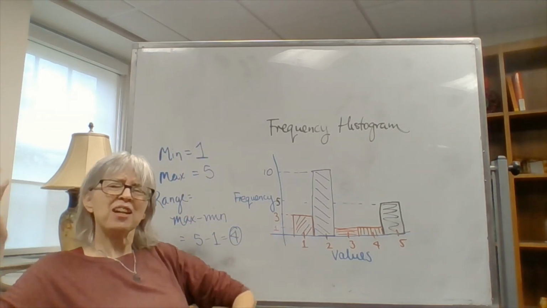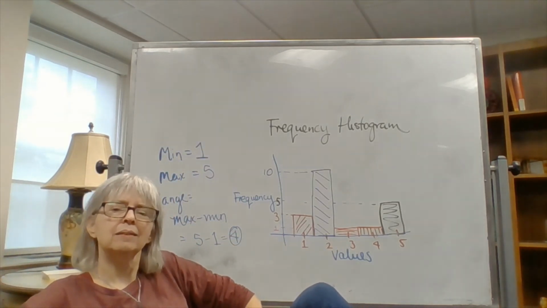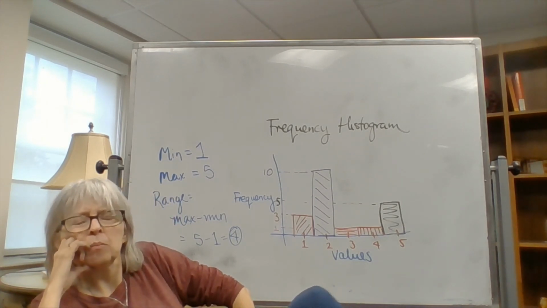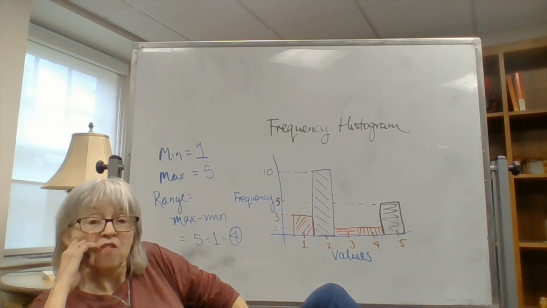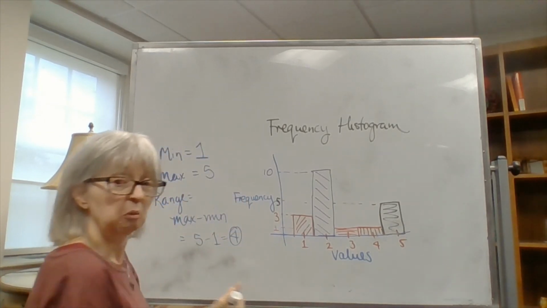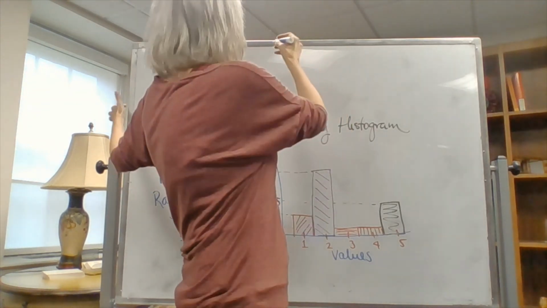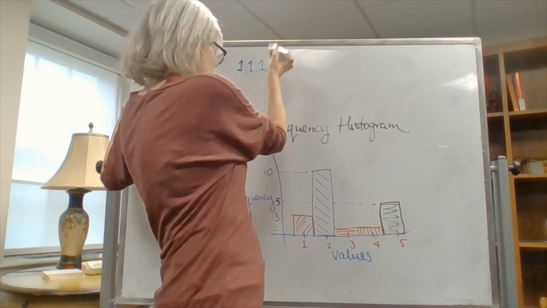This histogram actually has every single one of my numbers in it without writing out the list of all the numbers. Which means if I felt like it, I could write out my data values. Want to? Because we can. 1 is a data value 3 times.